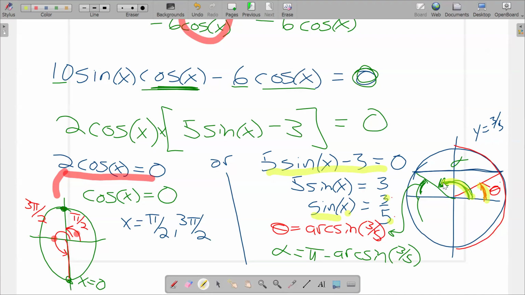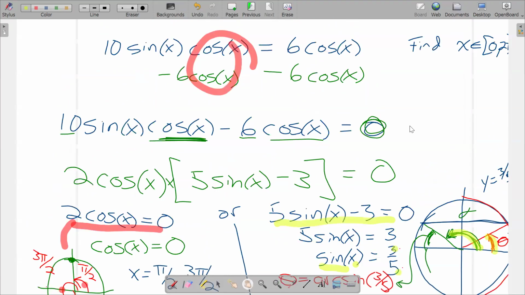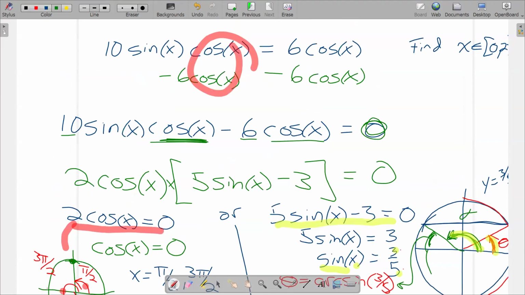Next, I would check on Desmos. How would I check it on Desmos? When I check on a calculator, I always go back to the original version. So I would do this as f of x and this as g of x, and then test out the numbers I found. Do they really meet there? Right, which shouldn't be too hard. Let's do that.